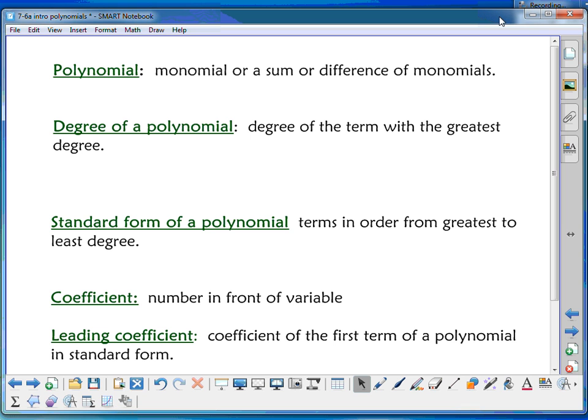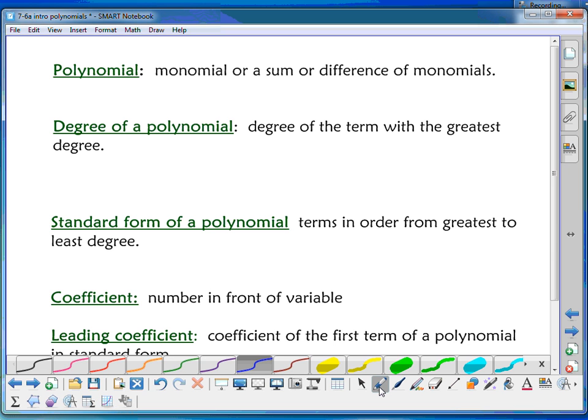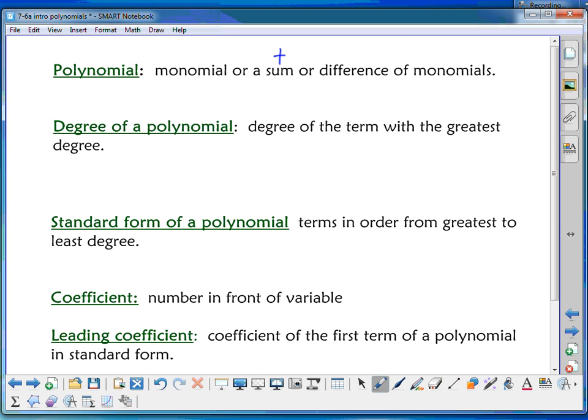Okay, so a polynomial is a monomial or a sum or difference of monomials. A sum is if you're adding things. Difference is if you're subtracting. So it could be as simple as just 7x squared. That's a monomial, but it's also a polynomial.